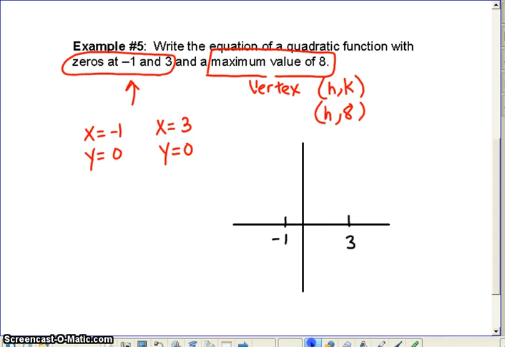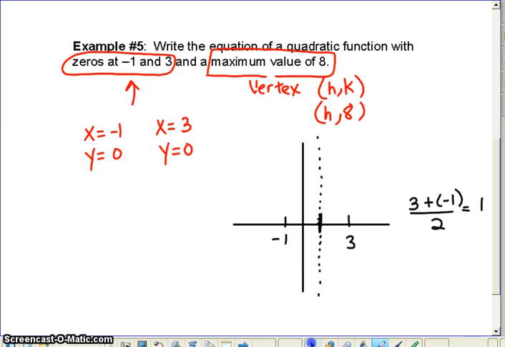Okay, recall that your vertex is on the line of symmetry, which actually divides that in half. Okay, so the point right in the middle there, if I add 3 plus -1 and I divide by 2, 3 minus 1 is 2, 2 divided by 2 is 1.